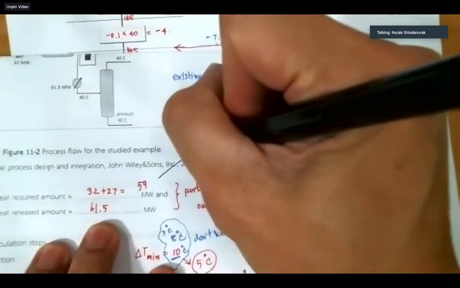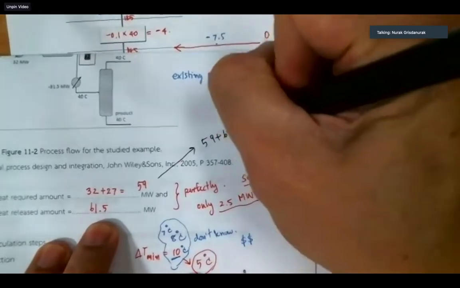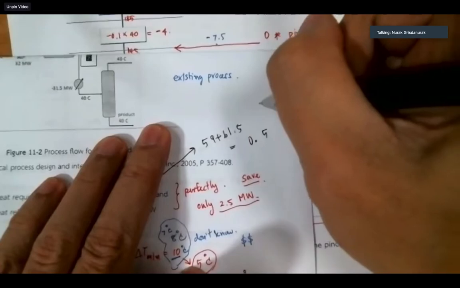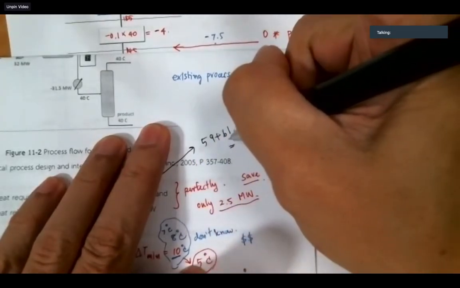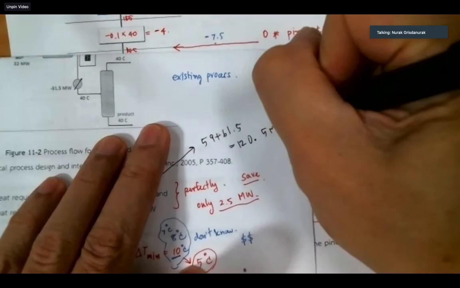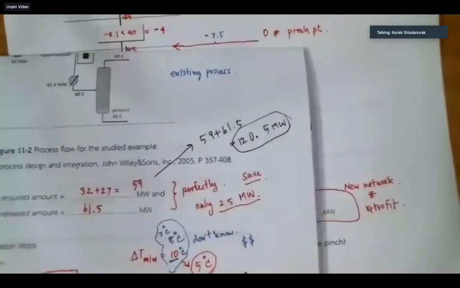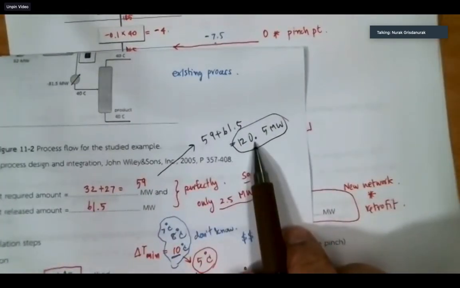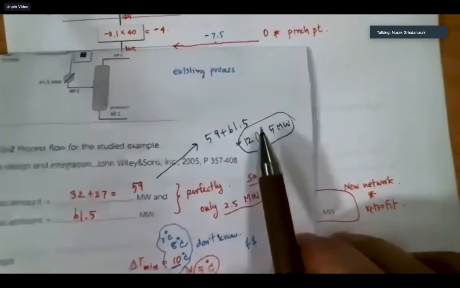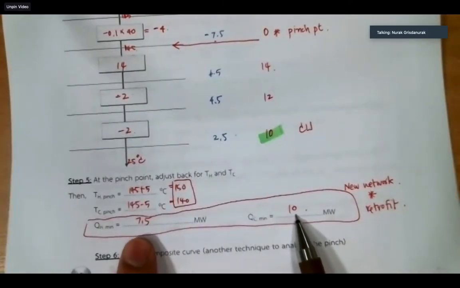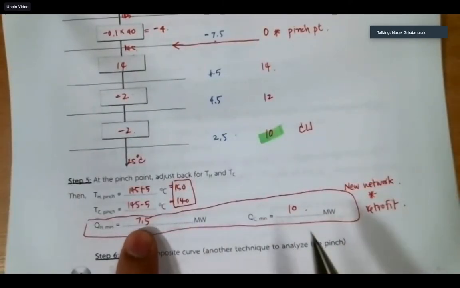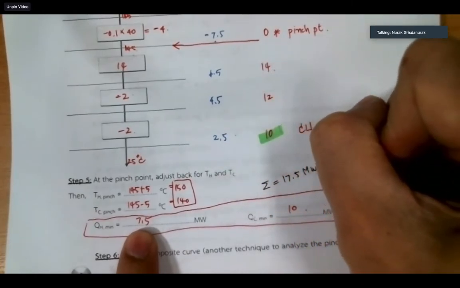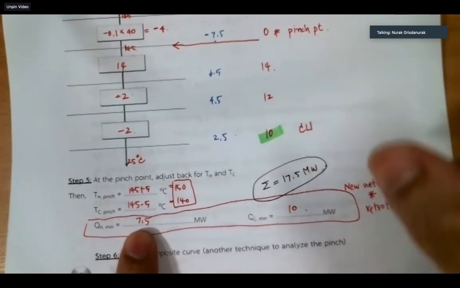You have to buy 59 plus 61.5, which becomes 120.5 megawatt. For the original plant, how much would you have to buy? 120.5 megawatt. After retrofit, how much do you have to buy? Only 17.5 summation becomes 17.5 megawatt.